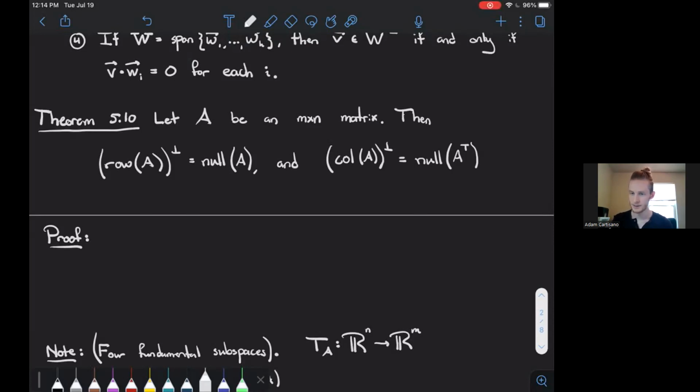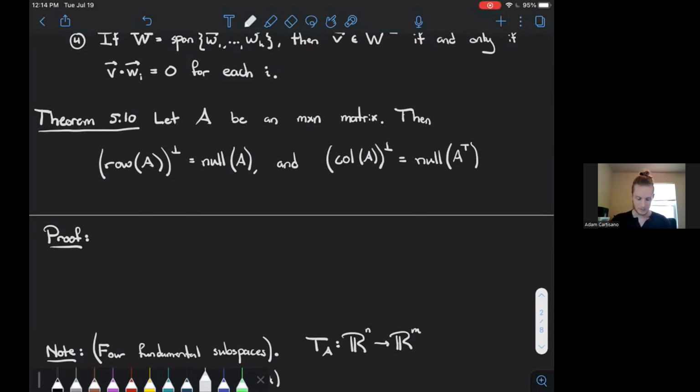That's actually just a restatement of the first one with one additional fact: the column space of the transpose is the row space of the original. We'll see it show up in the proof.